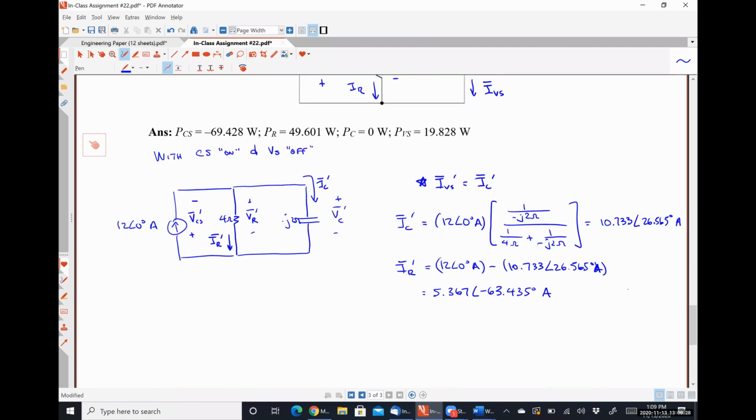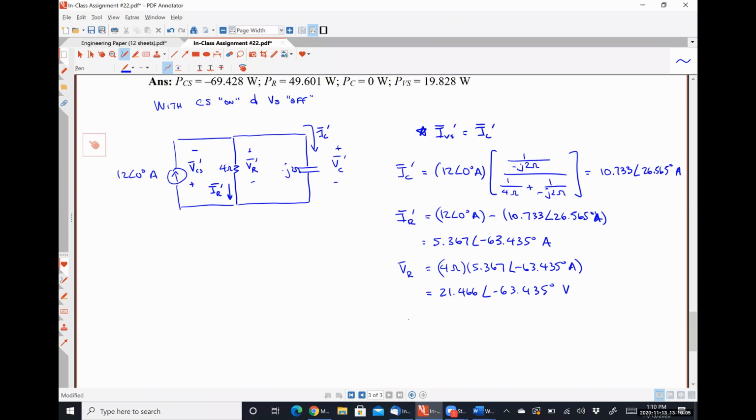And from this, VR is 4 ohms times IR, 5.367 angle minus 63.435 degrees amps, which is 21.466 with an angle of minus 63.435 degrees volts.